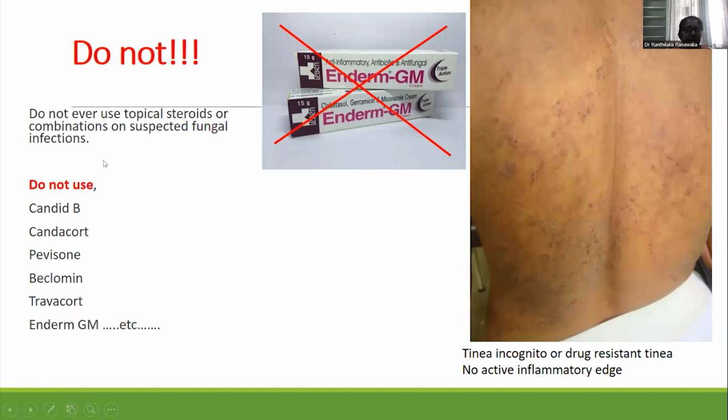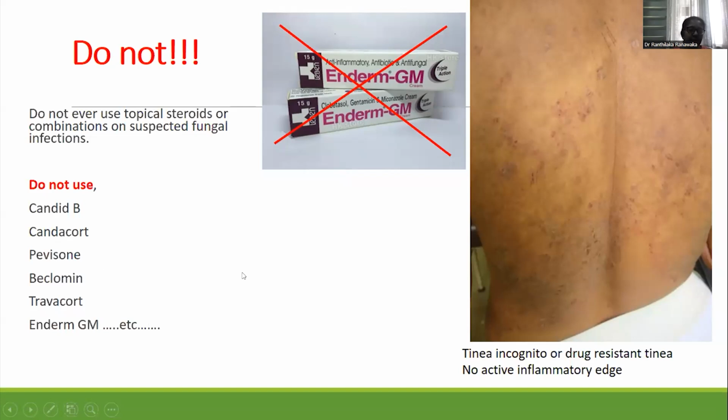So never use Candid B, Candacort, Pevizone, Beclomine, Travacort, Enderm-GM, which are very commonly used. Don't ever use these combinations. Candid B has antifungal plus B is betamethasone. Candacort, antifungal, cort is steroid. Here, zone is steroid.